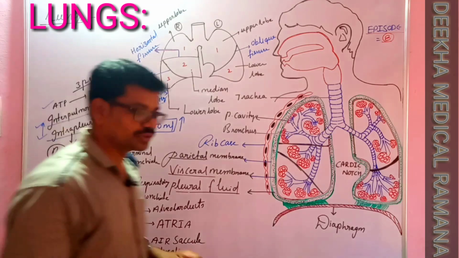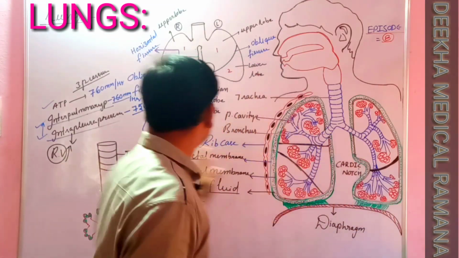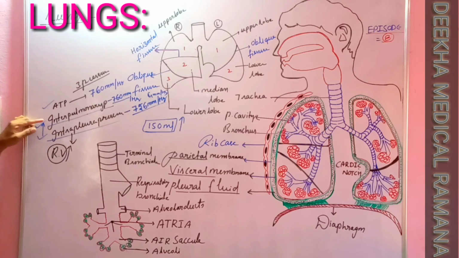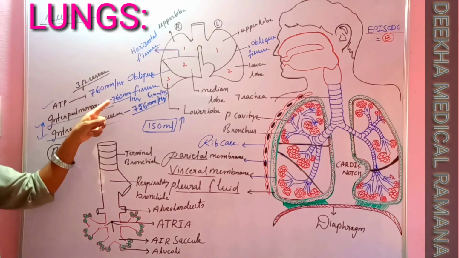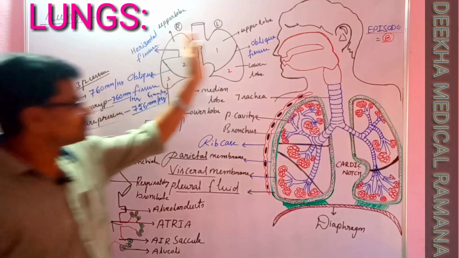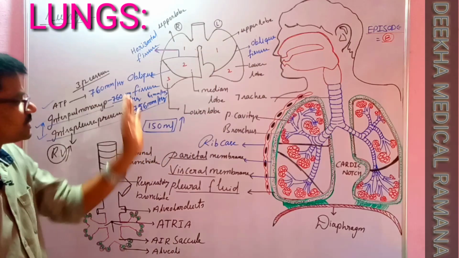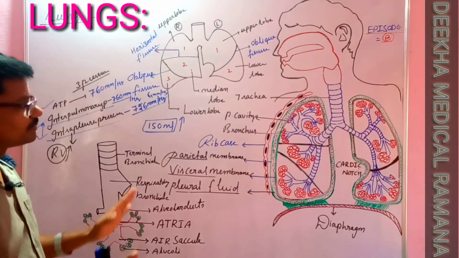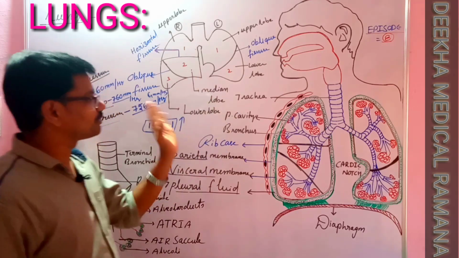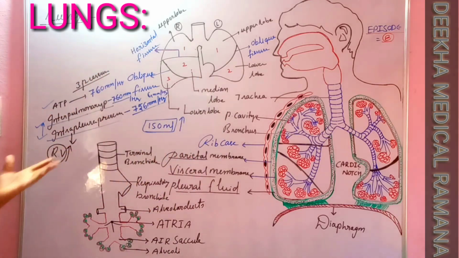I hope you understand the pressure gradient between the atmospheric, the interpulmonary and the intrapleural pressure. Atmospheric pressure is always 760 mm of Hg at sea level. If the interpulmonary pressure is also 760, there is no inhalation or exhalation, because both pressures are equal.